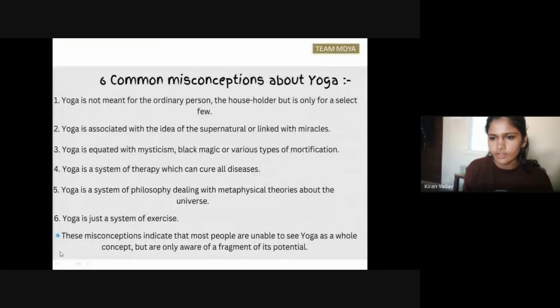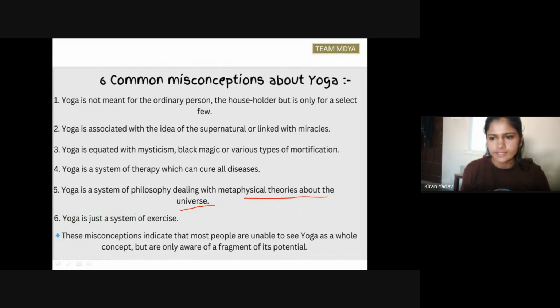Yoga is a system of philosophy dealing with metaphysical theories about the universe. So, as we read in the Upanishads and all these textbooks, they tell us about something metaphysical, something that we cannot perceive through our normal senses. So yoga is not just that.